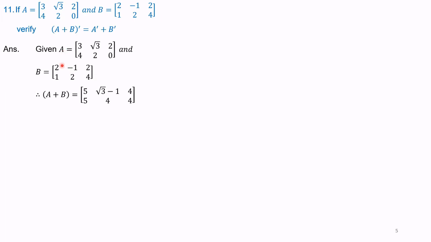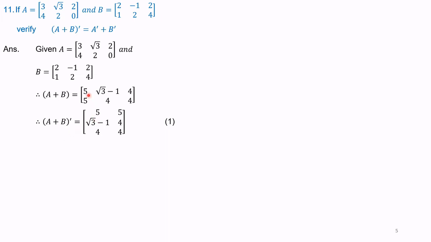Therefore, we will add A plus B, that is 3 plus 2 is 5, root 3 minus 1 and 2 plus 2 is 4. And similarly, 4 plus 1 is 5, 2 plus 2 is 4 and 0 plus 4 is 4. Next, we will find the transpose of A plus B as (A plus B) dash.